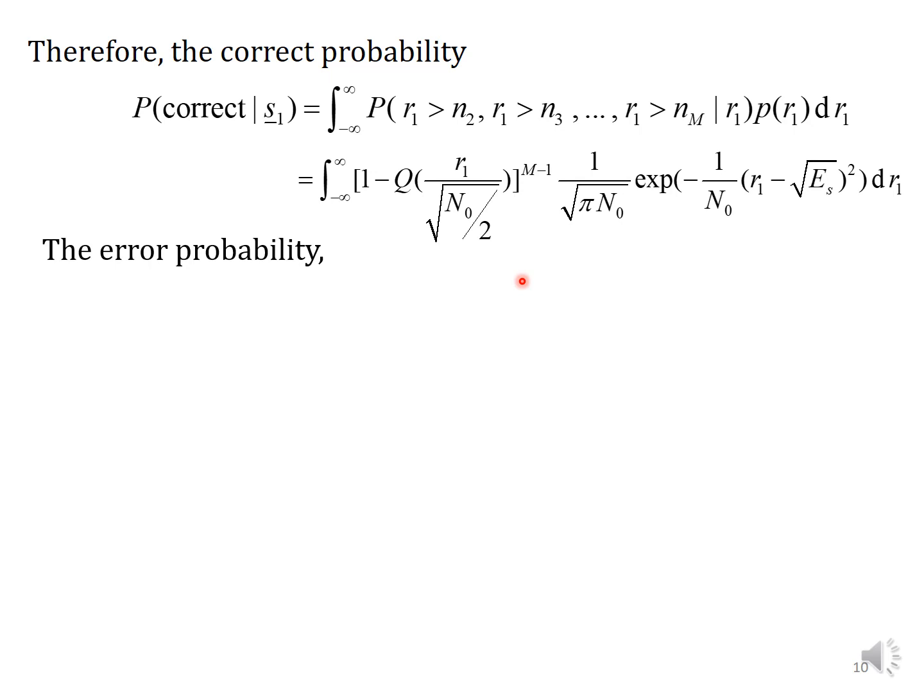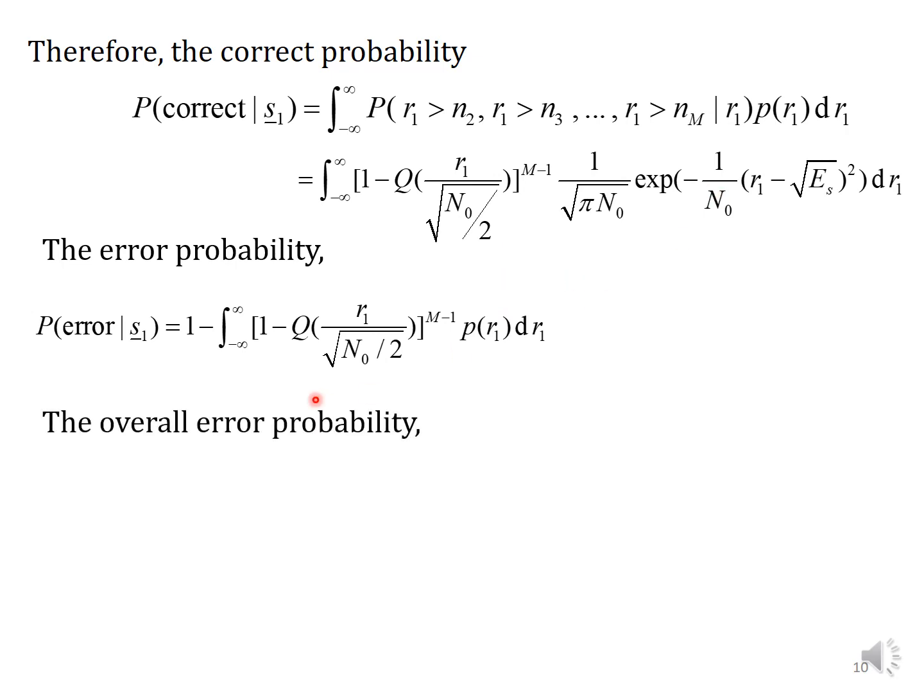So the error probability of S1 will be 1 minus the correct probability. That is for when S1 was sent.